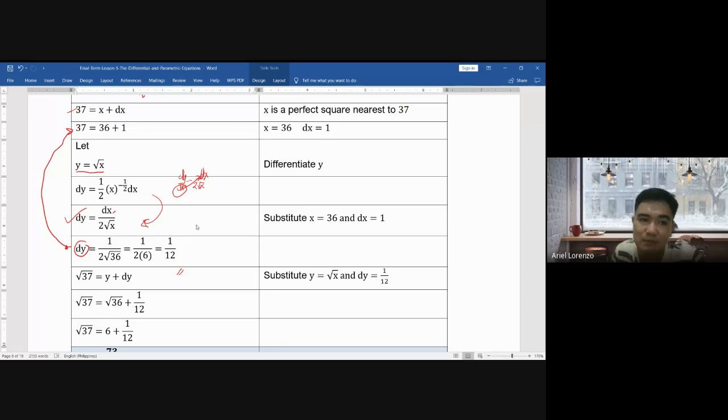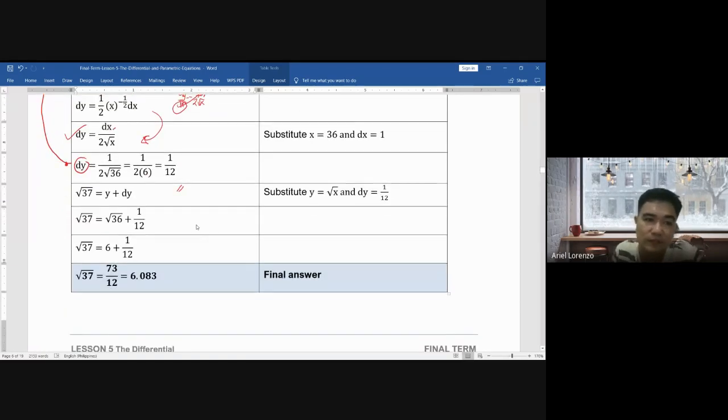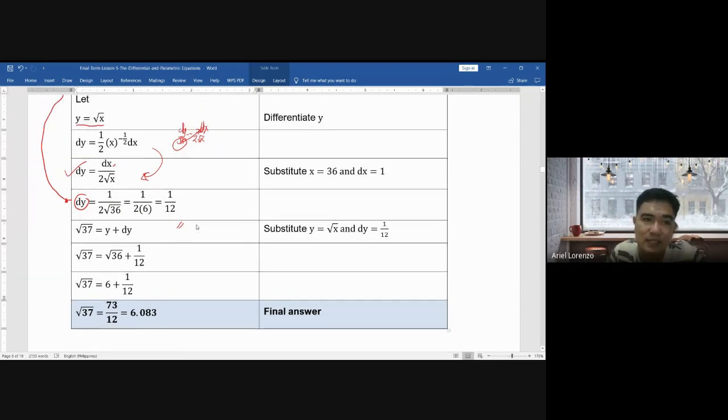And ano ang x mo? 36. Okay, ayan, dito pala, square root of 37 is equal to y plus dy. Yung una, class, nag-let y tayo is equal to square root of x. Kaya ginawa dito is square root of x, which is, ang x mo is 36, plus yung dy na na-solve natin kanina, that is 1 all over 12. Okay? So pag sinolve mo yan, class, that is equal to 6.083.